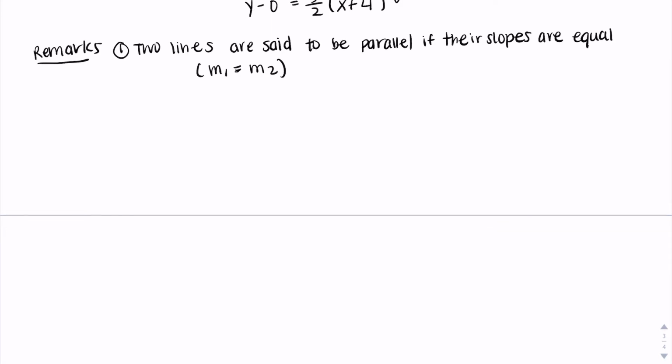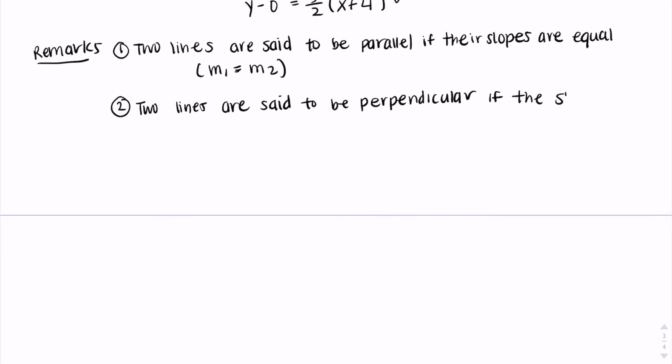Then the second thing to know is that two lines are said to be perpendicular if the slope of one is the negative reciprocal of the other.